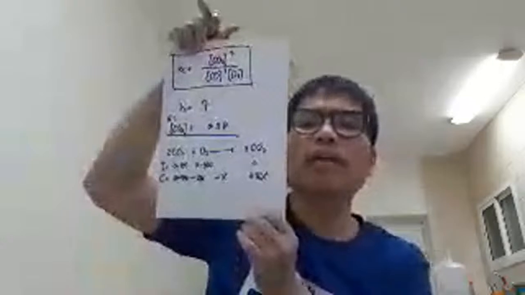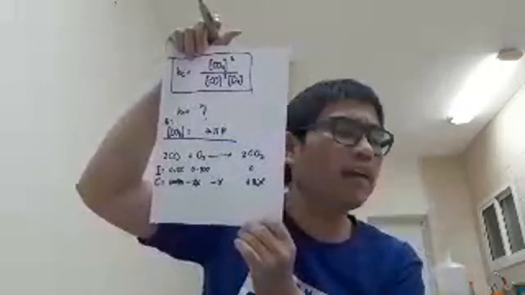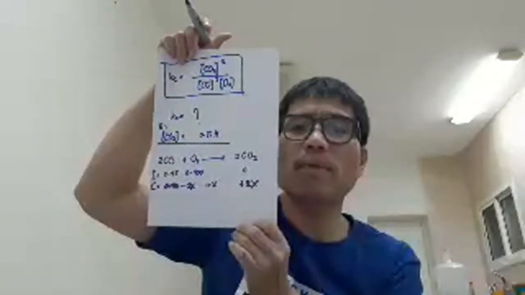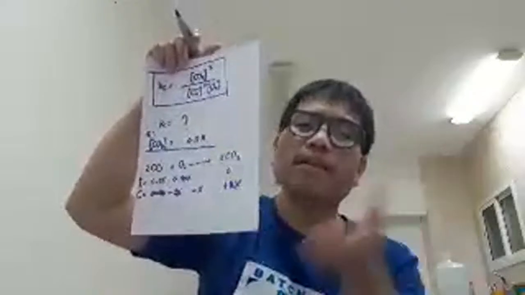Like this. And our change in the 2CO2 will be positive 2x. Positive 2x means this CO2 will receive the molar concentrations given by CO and O2. That's why positive. If we give, negative; if we receive, positive. Just remember that.